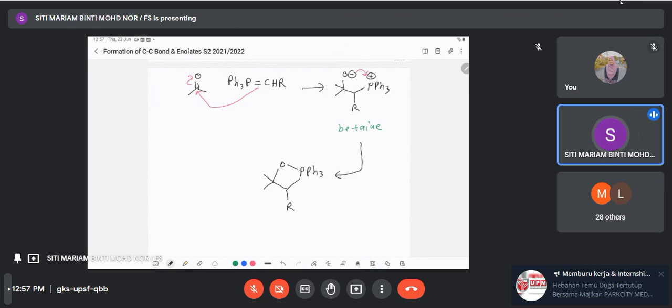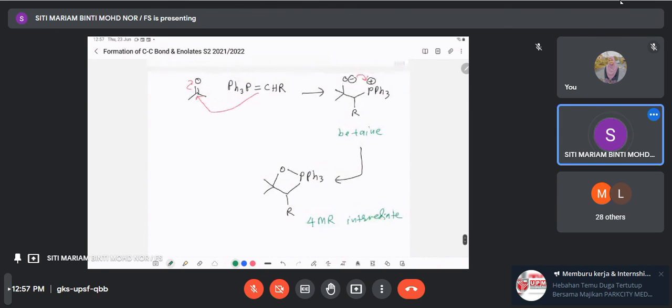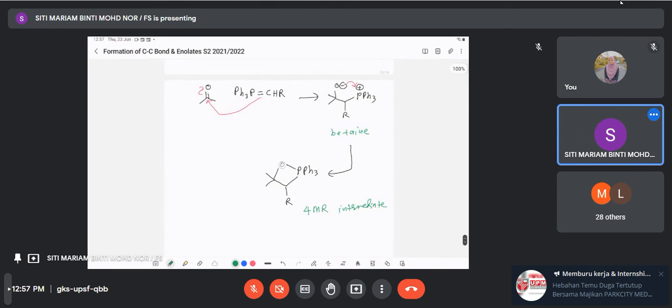This is characteristic of Wittig. You must produce the betaine and then you must produce this four-membered ring intermediate: one, oxygen, two, phosphorus, three, carbon, and fourth, carbon. So this one is the intermediate.